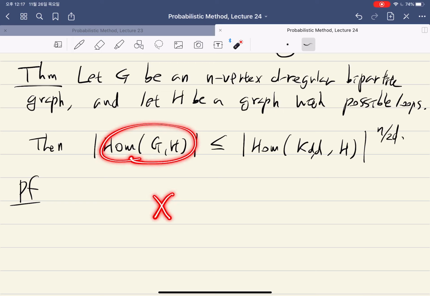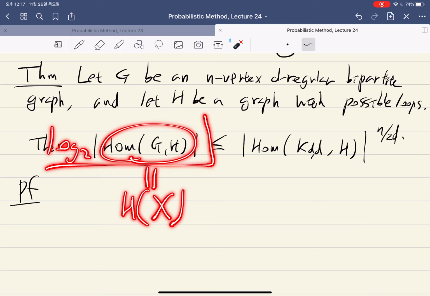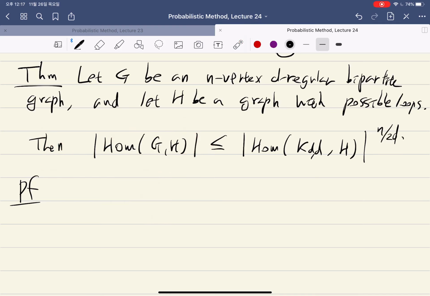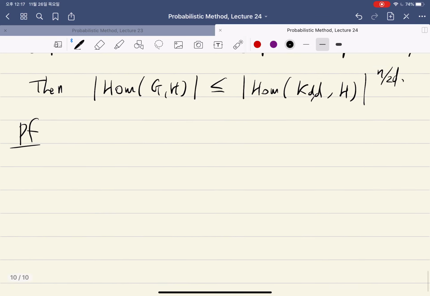That gives us a random variable, and that random variable's entropy is the same as the logarithm of the size of this set. So if we measure that entropy, then we know the size of this combinatorial set. That's roughly what we will do.